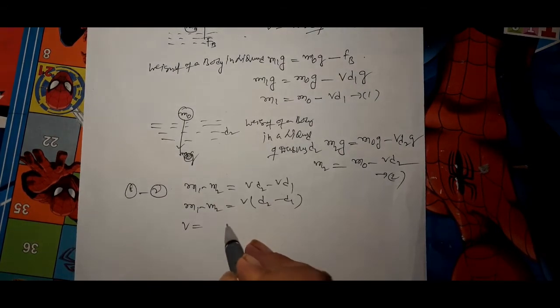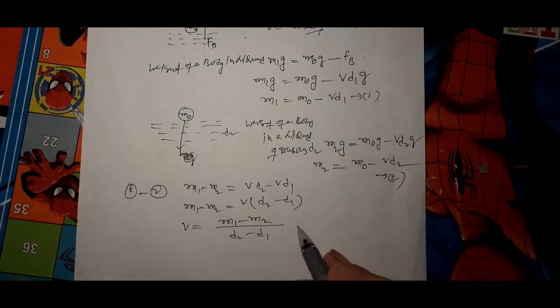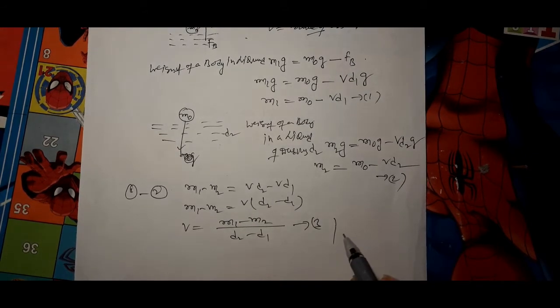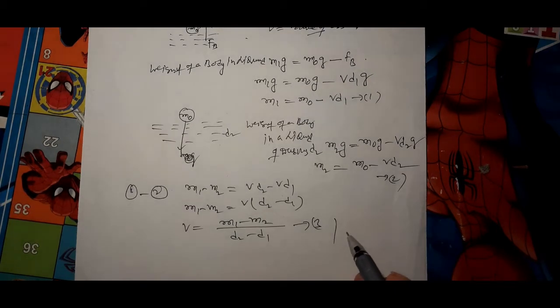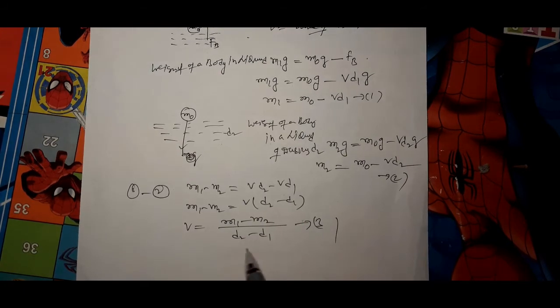So V is equal to m1 minus m2 divided by d2 minus d1. This is equation 3. Now, the density of the object is mass upon volume. So we have successfully found the volume of the body.